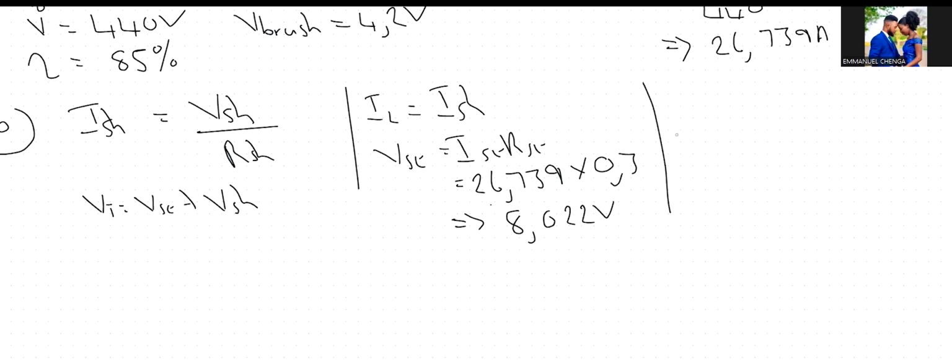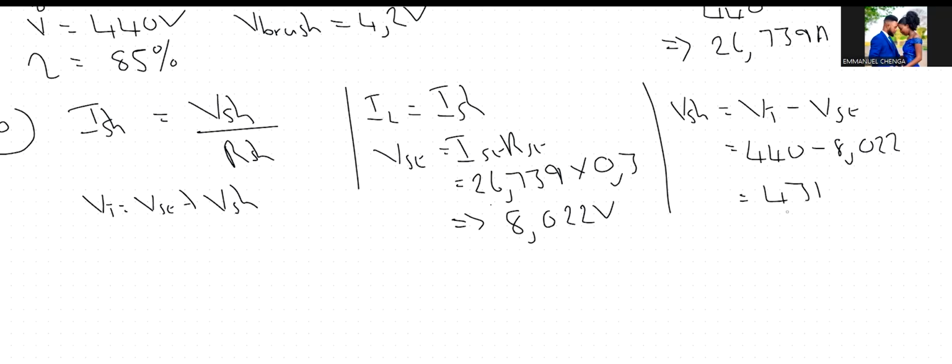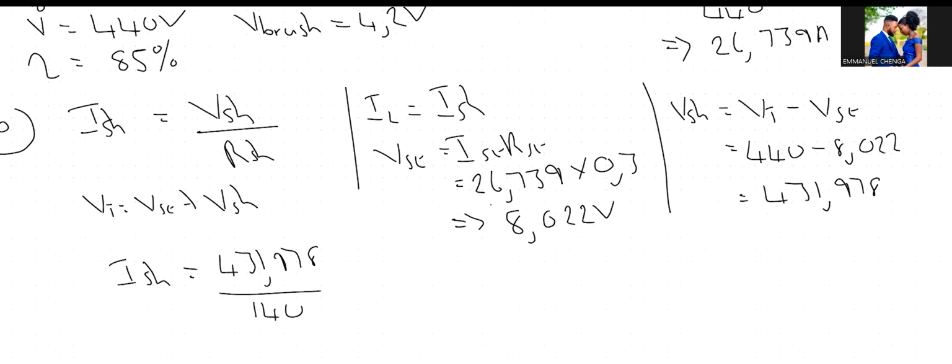Hence, if I have that, I can find my V shunt by saying V shunt is equal to VT minus V series. Your VT, you said, is 440 minus 8,022, which would then give me 431,978. So if I have my V shunt, I can calculate my I shunt by saying 431,978 divided by 140.